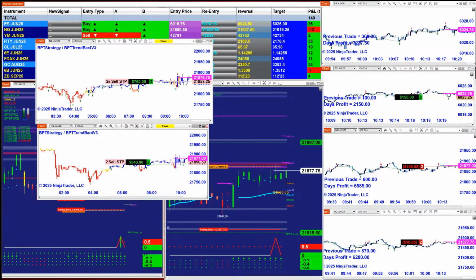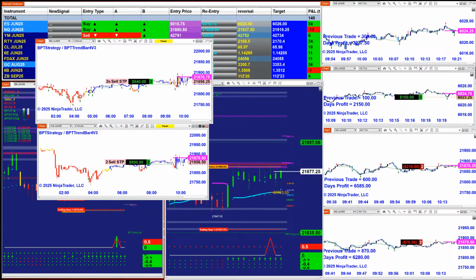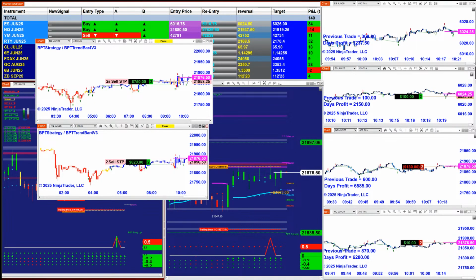On the swing trading, before I used to have 4 contracts, now I took it down to 2 contracts. And I used to have the scalpers on 1 contract, I took it up to 2 contracts. So every single auto trade is using 2 contracts, 2 lots, to see where the best performance is, and see what's going on.